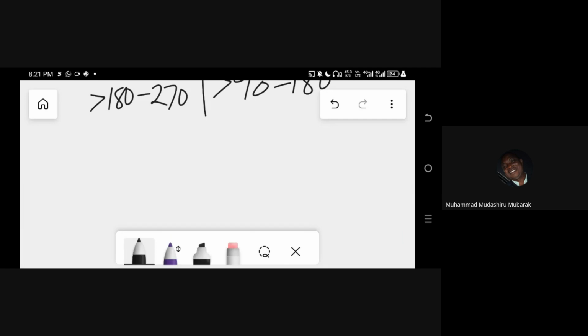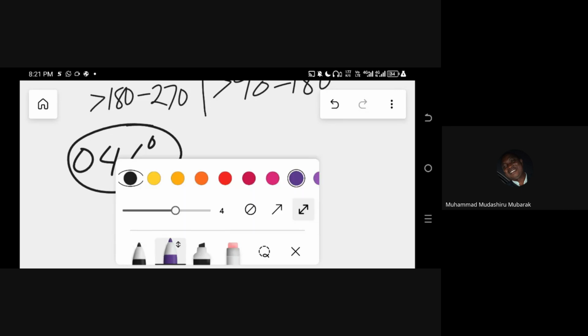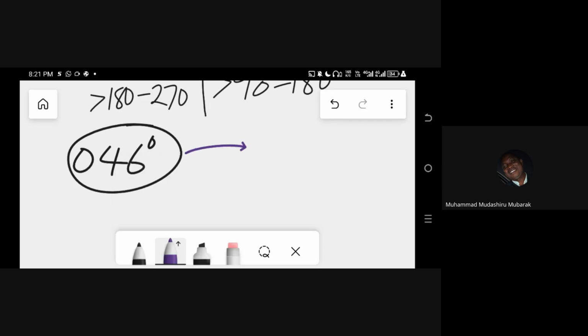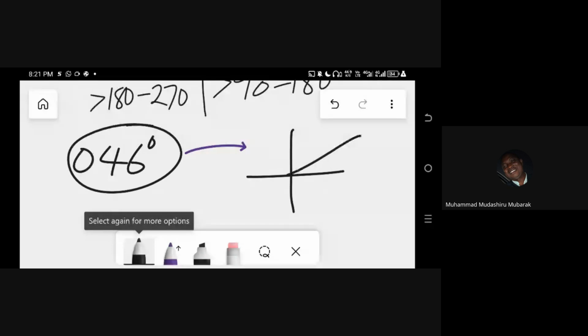If I am given an angle of 046 degrees and I'm told to put this angle in a compass as a 3-digit bearing, I will put it in the first quadrant.